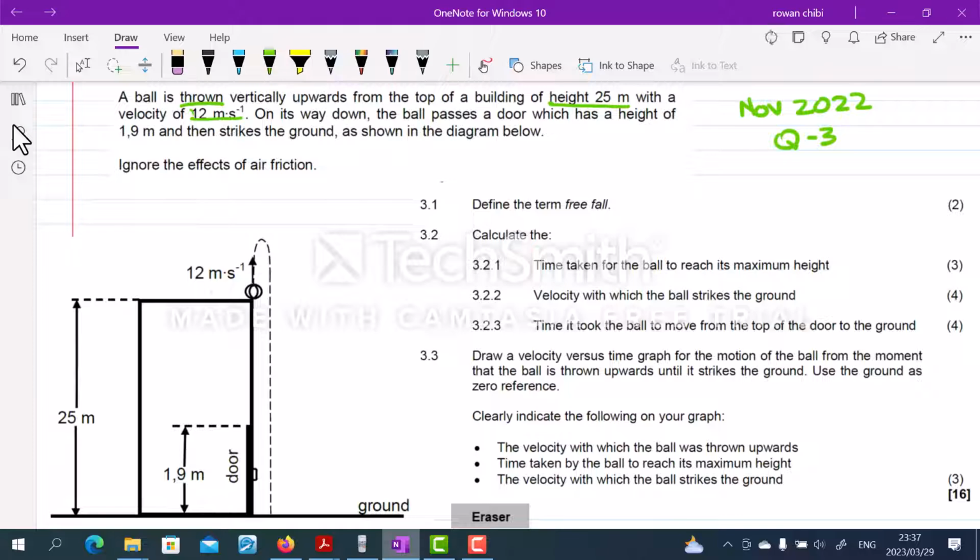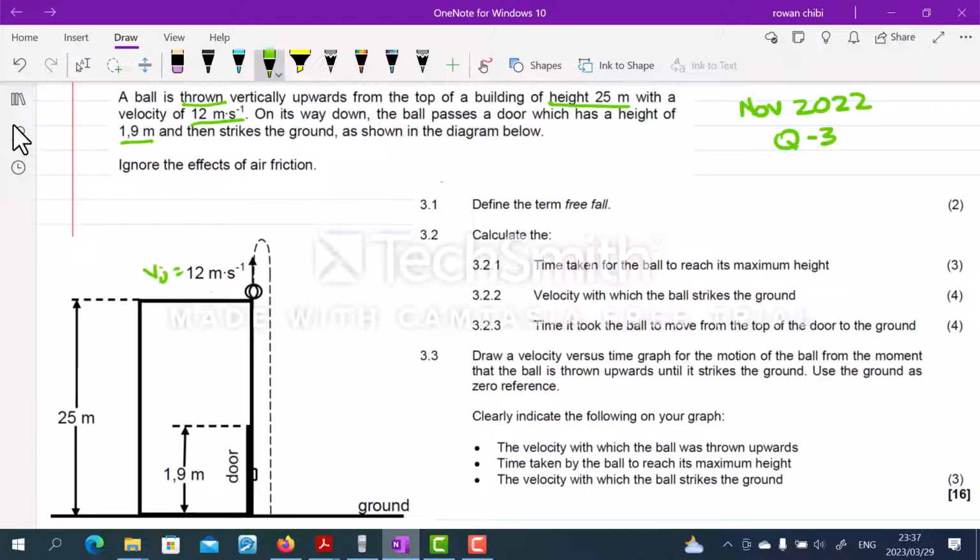The height of the building is 25. I want you to underline this: 25 meters is the height, and 12 meters per second is the initial velocity. And then on its way down, the ball passes a door which has a height of 1,9 meters.